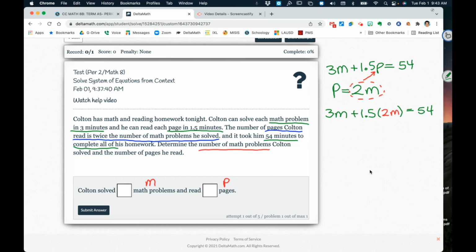Okay. So now, 3M plus 1.5 times 2M equals 54. I know it looks messy. It's got decimals, but multiplying by 1.5 is not too bad. 1.5 times 2 is 3, right? So that's doable. I mean, we've done worse.